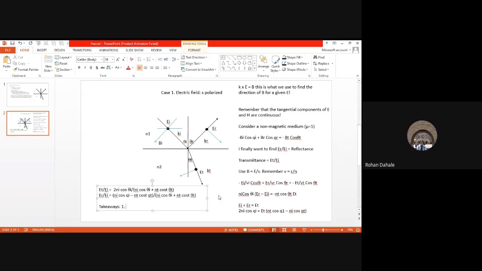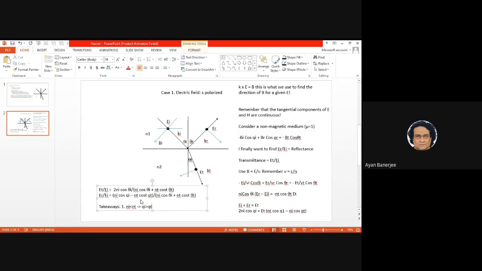It becomes negative. So Ni less than Nt essentially means theta I greater than theta t, right?